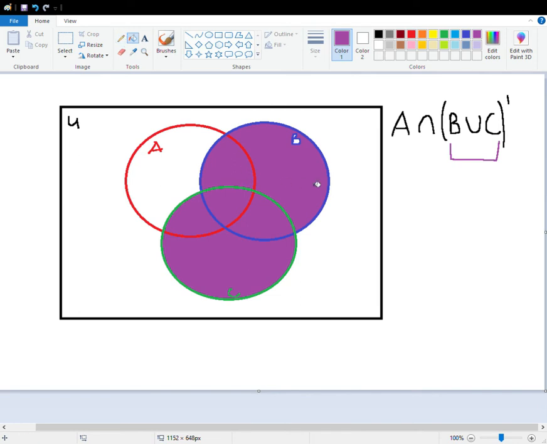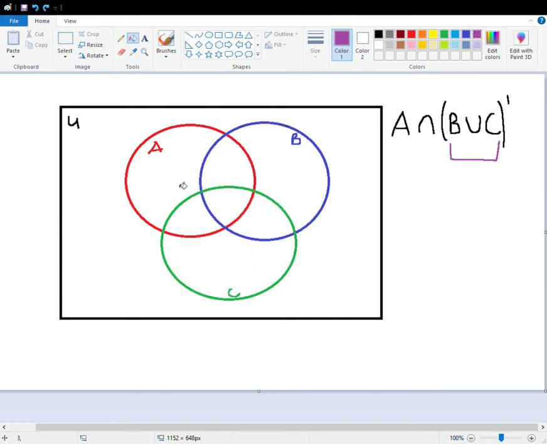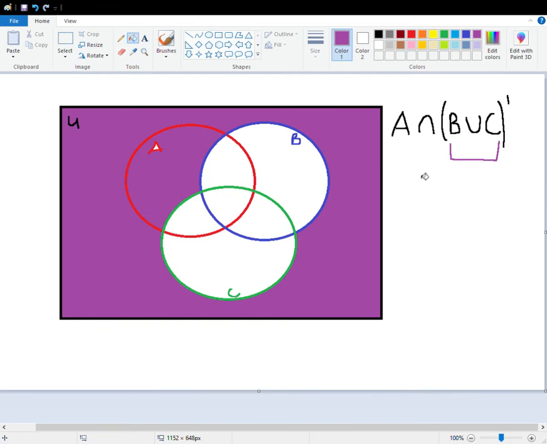So, in our Venn diagram, we want everything that isn't B or C. This new region, B or C complement, will be all this white area, but we're going to make it purple just to keep things in line. So all of that is B or C complement. And we're going to extend this to include the complement.